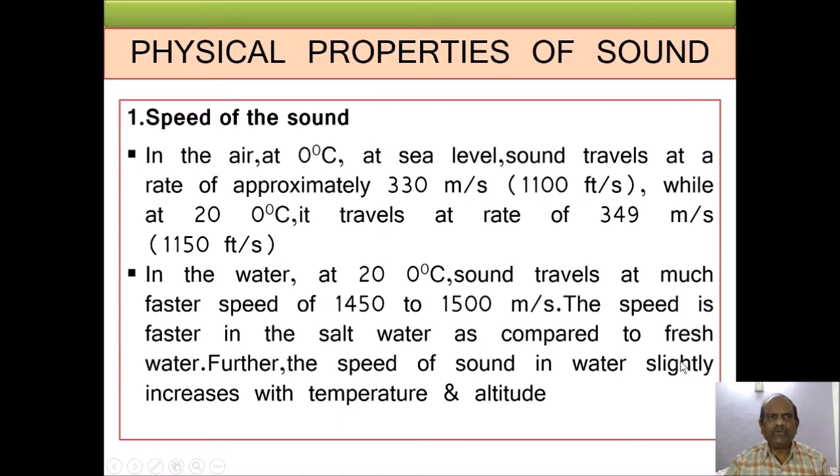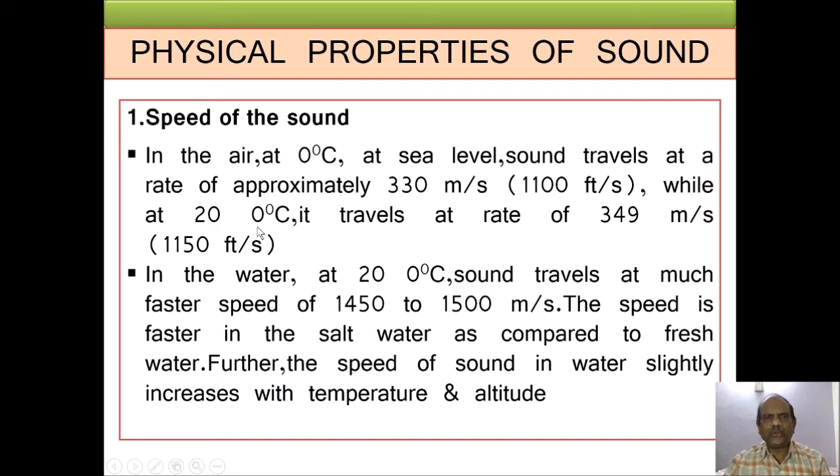Similarly, there are some basic characteristics of sound, and we will try to summarize them. The first important thing is the speed of sound. In air at 0 degrees centigrade, at sea level, sound travels at approximately 330 meters per second, or 1100 feet per second.